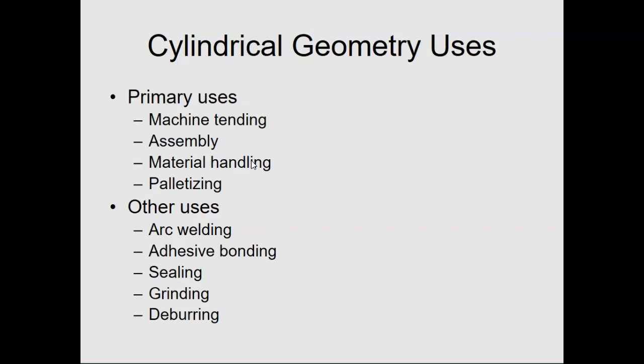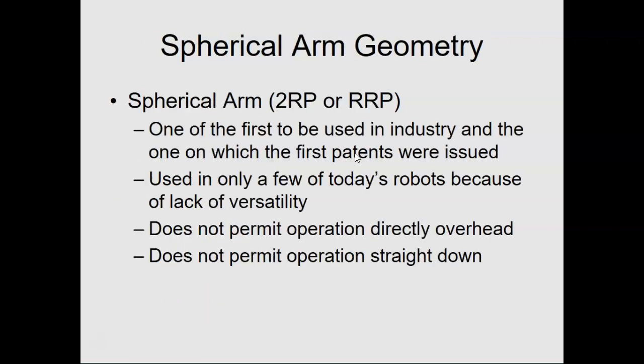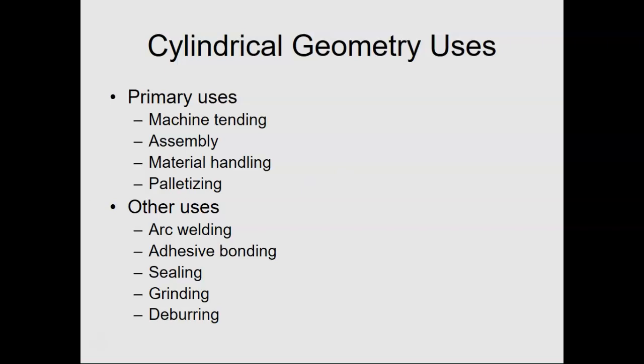With adhesive bonding, essentially, think about your car. Think about all the places they use to stick trim and fabrics and stuff like that. A human can end up with overspray, or they can end up without it coming in a neat layer. A robot can do it and just put it where they want it. Then you have sealing, grinding, and deburring.